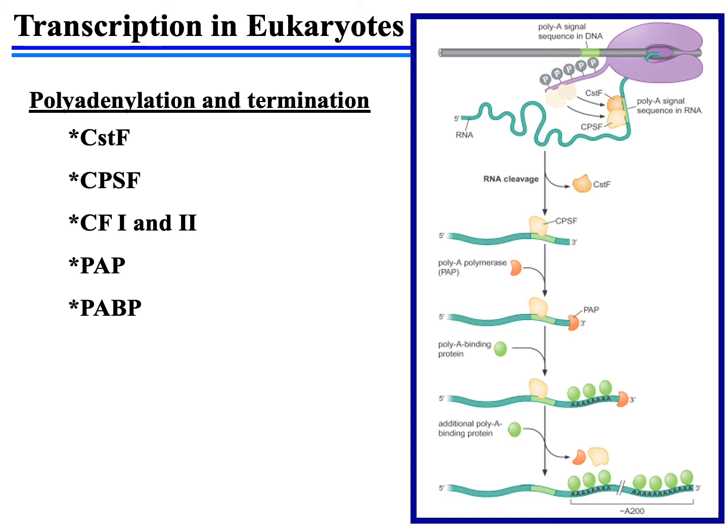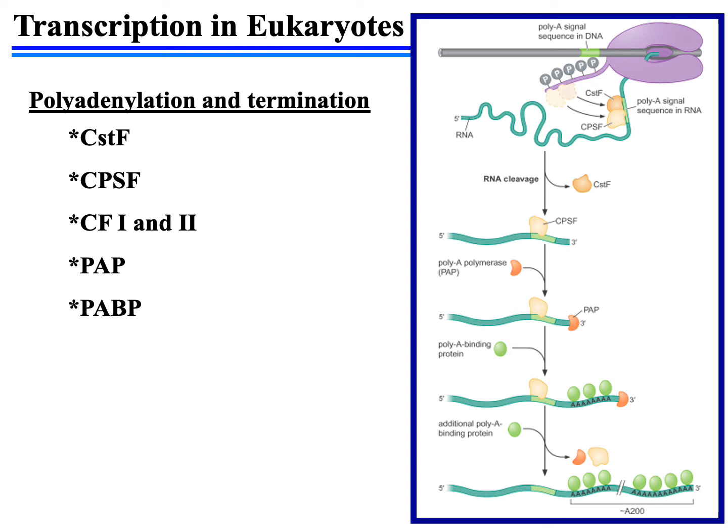Once that sequence element is in the transcript, these factors, both CPSF and CSTF, again, are both RNA binding proteins. They recognize that sequence in the RNA and essentially jump from the tail of the polymerase over to the transcript that has produced those signal sequences.